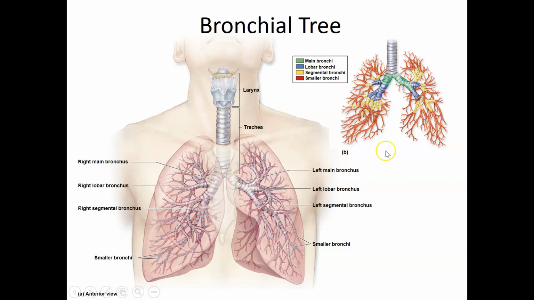Within each lobe, there are sectored off segments. And then as we progress through, you get smaller and smaller bronchi, and those are indicated by the red. Those don't have names. There's probably, I think, 20 or 21 levels of branching as you go through. So with each branch, you get more branches, but they're smaller in diameter.